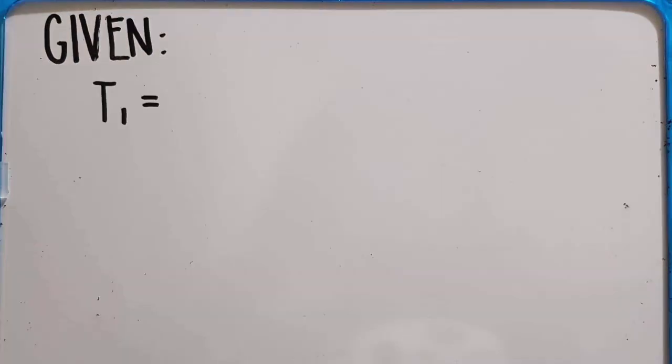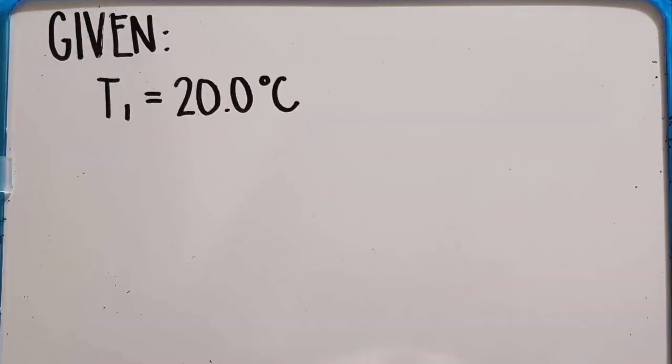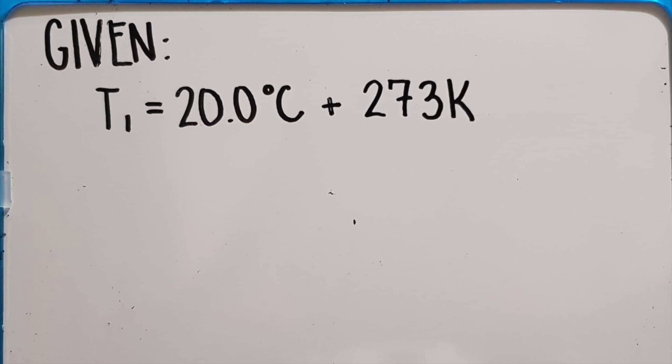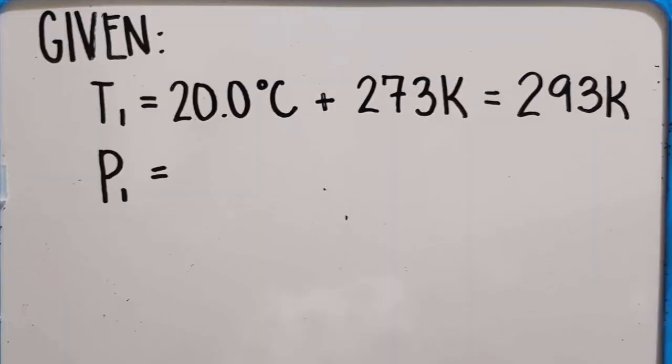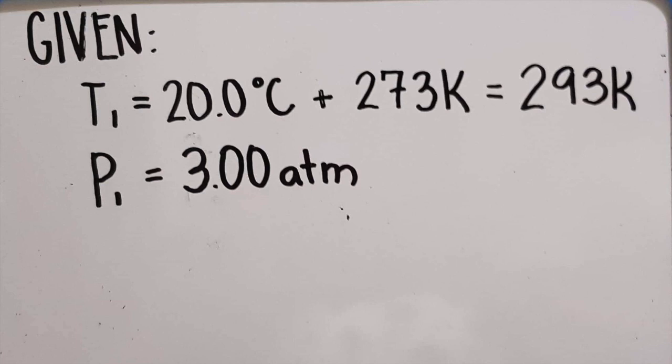So the givens in this problem are as follows. Initial temperature, which is 20 degrees Celsius, which we will be converting into Kelvin. So 20 degrees Celsius plus 273 K is 293 K, or 293 Kelvin. The initial pressure, which is 3 atmospheric pressure.